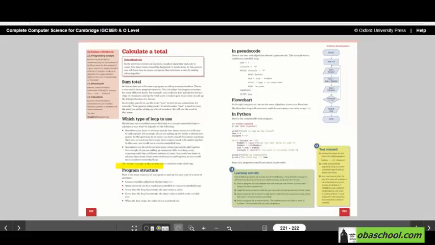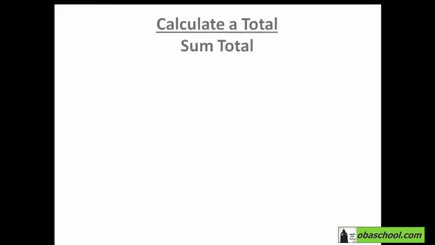All of these are found on page 222. Also, we are going to cover whether it is in pseudocode, flowchart, or Python, and these are on page 223. Let's start. Calculate a total.